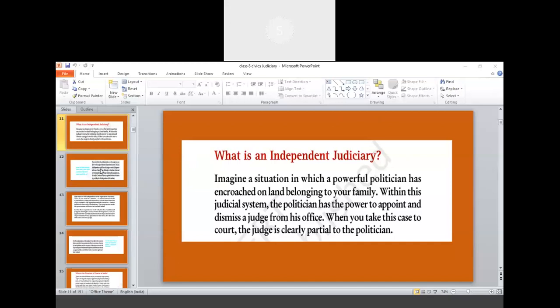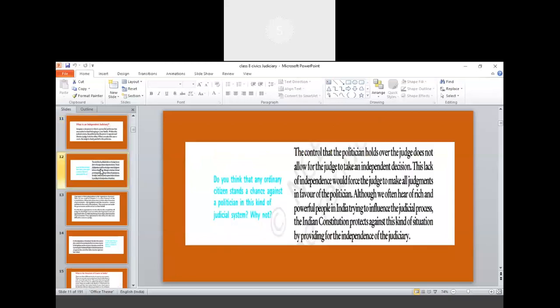So you can understand the post of a judge of the Supreme Court of India is very secure. That is why the judiciary should be independent, so that they can take fair decisions and not be dominated by any other person.